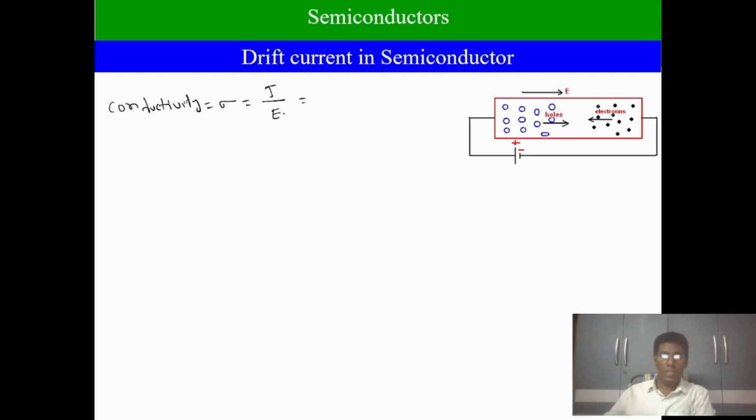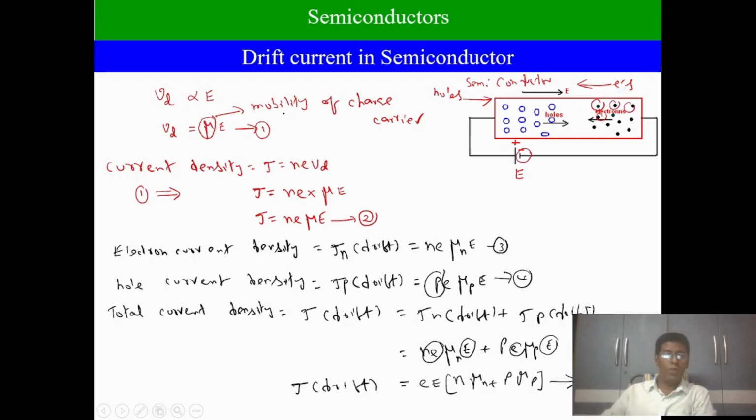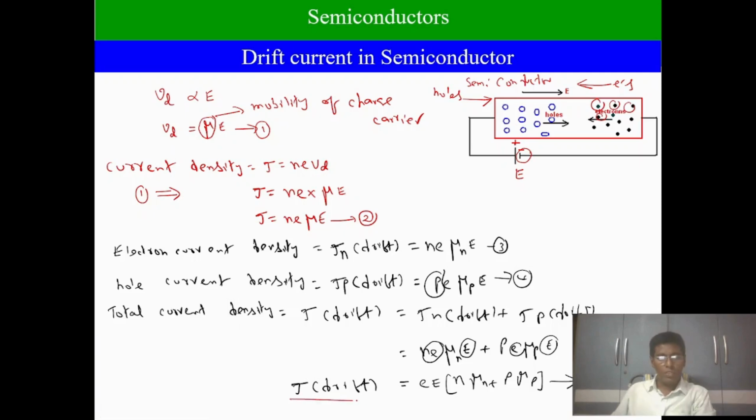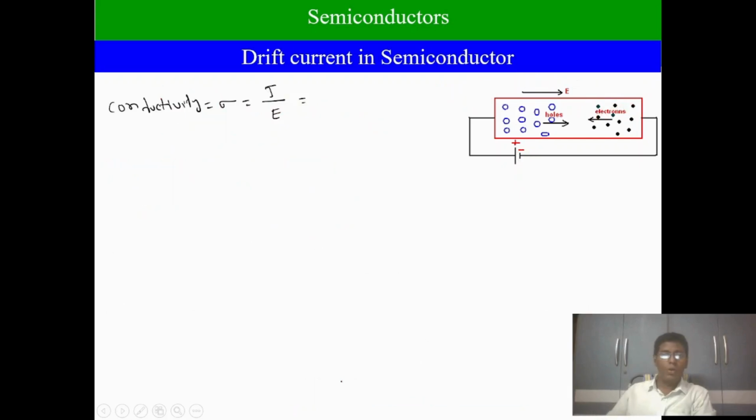Now in this expression, from the previous equation we know the meaning of J, so you can substitute the fifth equation. Listen carefully, this is completely the equation part, so listen step by step, otherwise you cannot get the clarity. Now substitute equation number 5: small e into capital E into N mu n plus P mu p, divided by capital E. Here capital E is going to cancel.